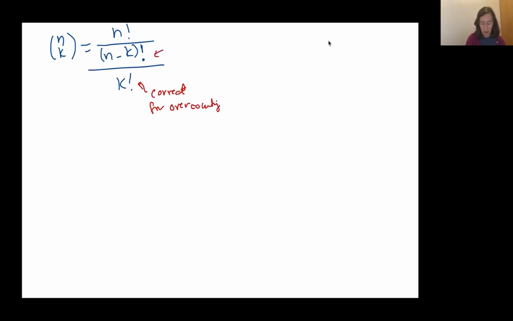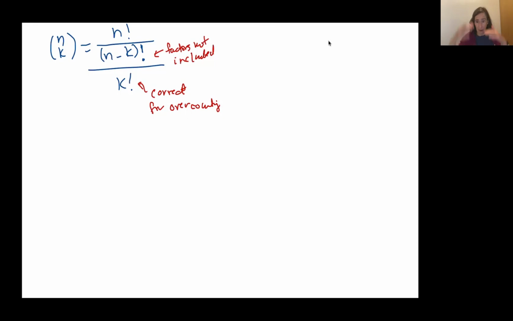This denominator here and this compound fraction are the factors not included because we only have K, right? We're not ordering all N of them. We're only ordering the first K of them. So we're just dividing out those other factors.